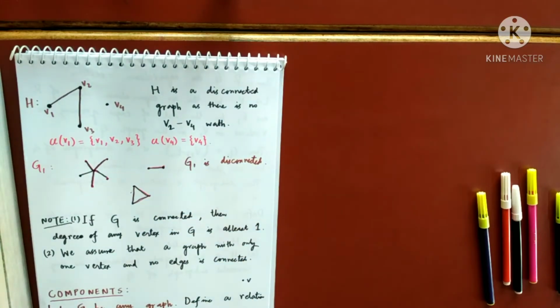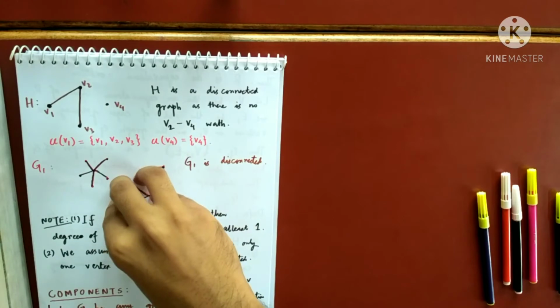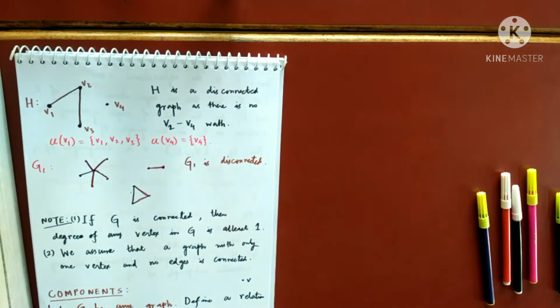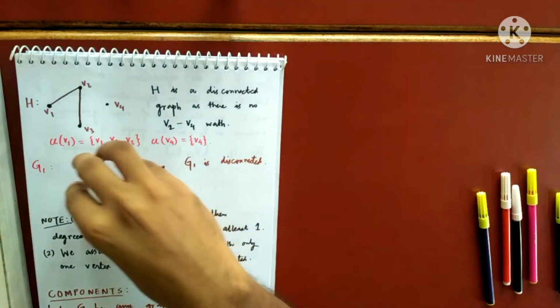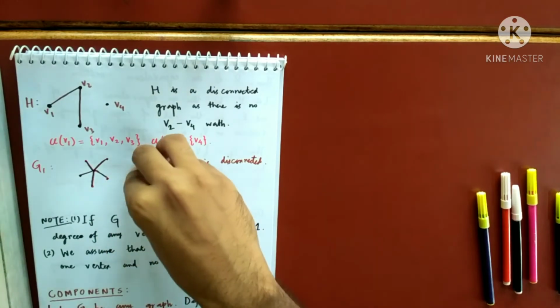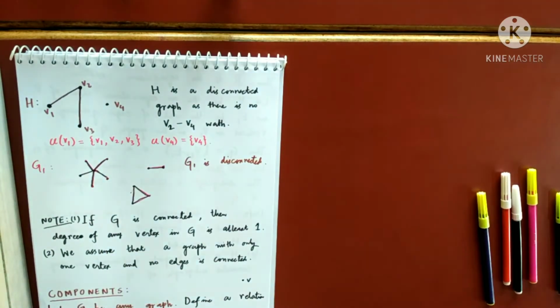So what are we understanding? We are basically visualizing a disconnected graph as a union of some small connected graphs, and we have called those connected graphs components. So every disconnected graph has got a finite number of components, right? You give me any disconnected graph, that will definitely have some number of components.